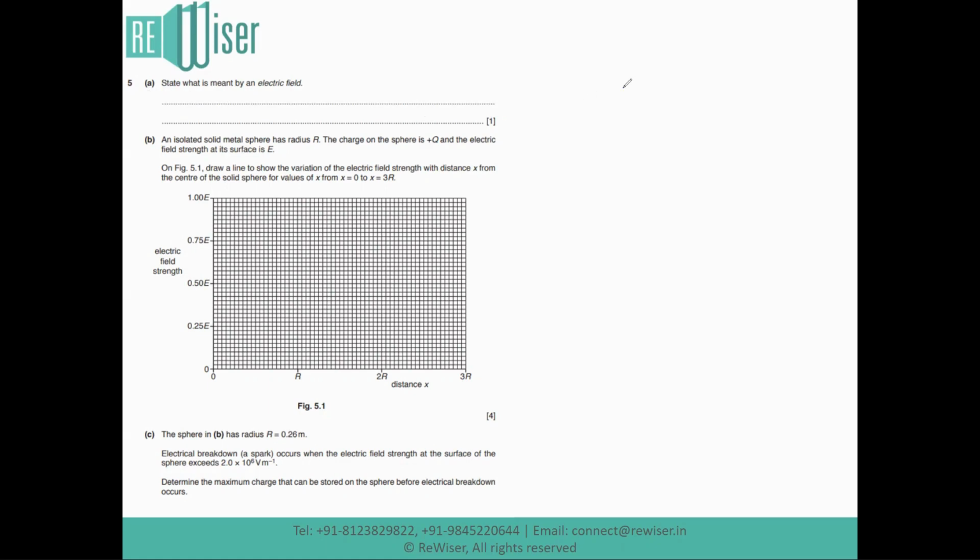Electric force is between two charges, let's assume a source charge capital Q and an imagined test charge at a point small q. These two charges would either attract or repel each other by a force F, which is equal to K capital Q small q over r square. If the charge small q is assumed to be a unit positive charge, then the formula for force becomes K into capital Q over r square, which is also the formula for field.